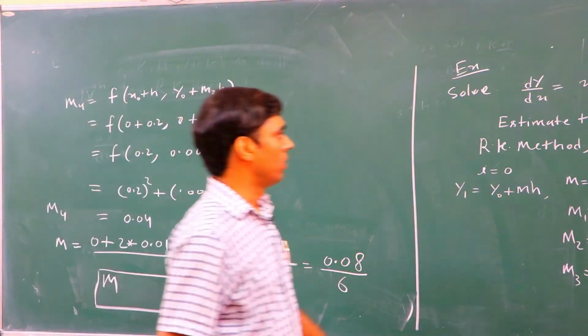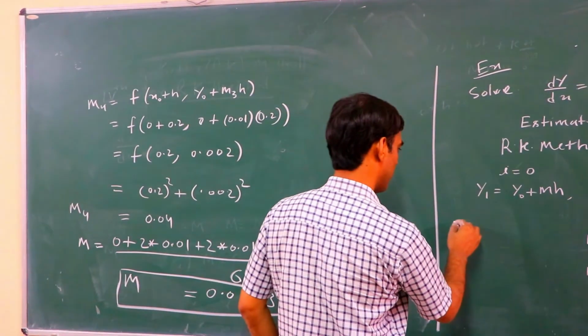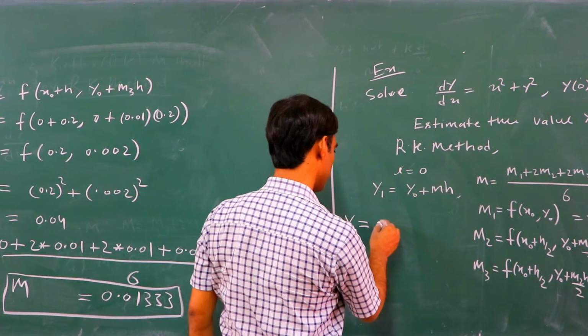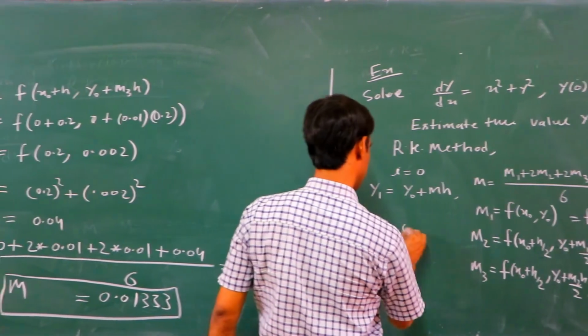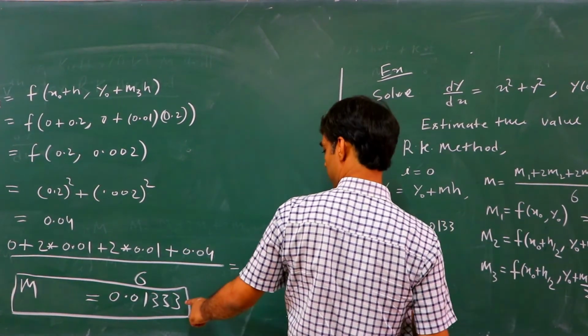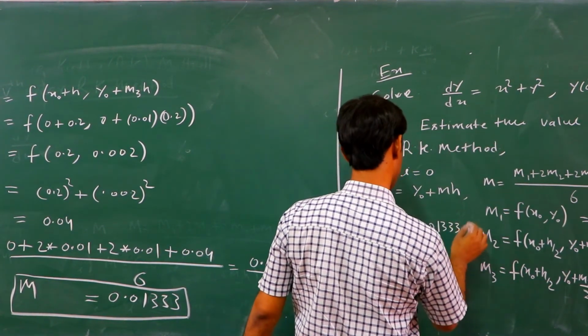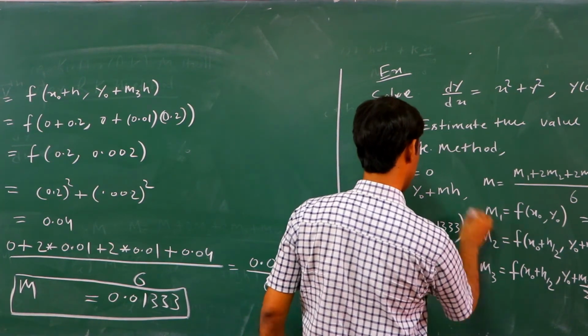Now what is the value of y1? If we put it here, y1 equals y0, which is 0, plus m, where m is 0.0133 and so on, multiplied by h, which is 0.2.